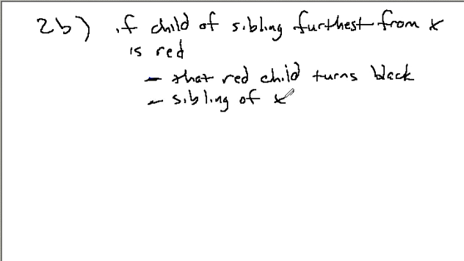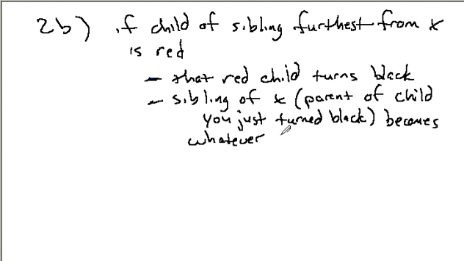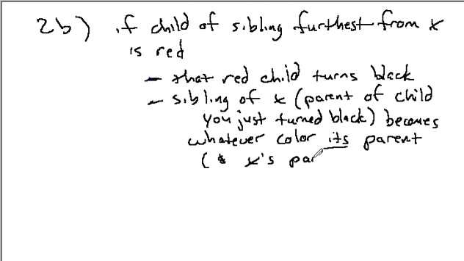Sibling of X, which is the parent of the child you just turned black, becomes whatever color its parent and X's parent is.